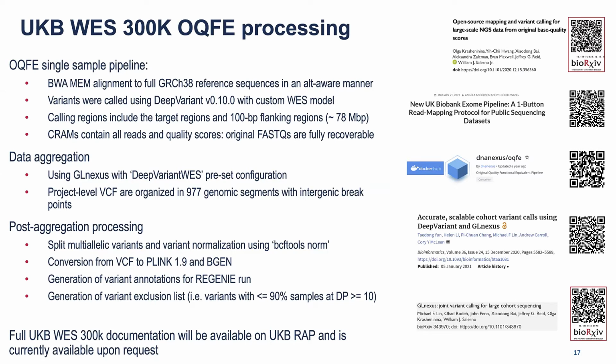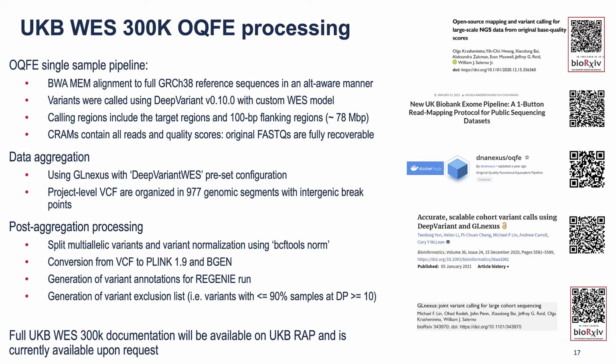But one thing I do want to emphasize is that these CRAM files that we process, these OQFE CRAMs, contain all of the reads that we generate. And they contain the original quality scores. So the full FASTQ files, the full raw data can be recovered from these CRAMs.